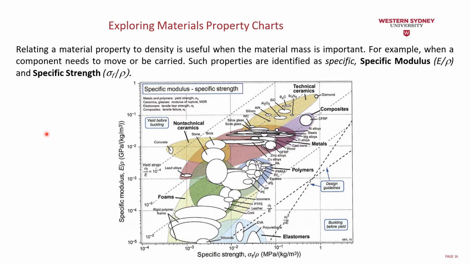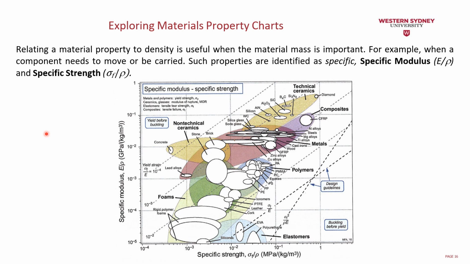Now relating a material property to the density is useful when the material mass is important, for example where the component needs to be moved or carried. Such properties are identified as specific values, for example the specific modulus and the specific strength.